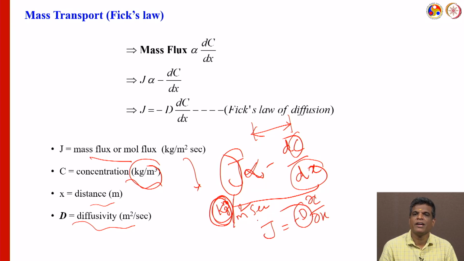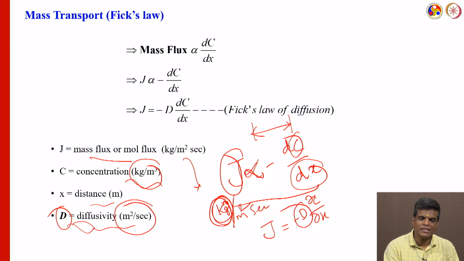The D is called the diffusivity, and its unit is meter square per second. The same thing we call the mass transfer diffusivity. We already discussed the different types of diffusivity. This is the famous Fick's first law of diffusion.